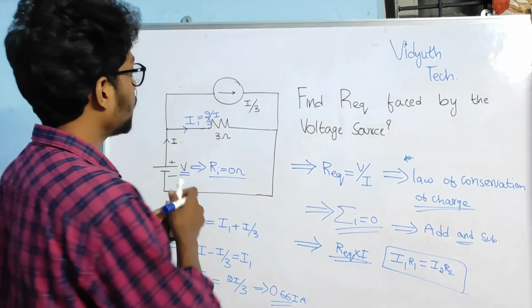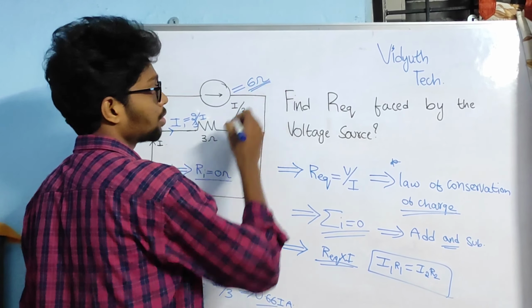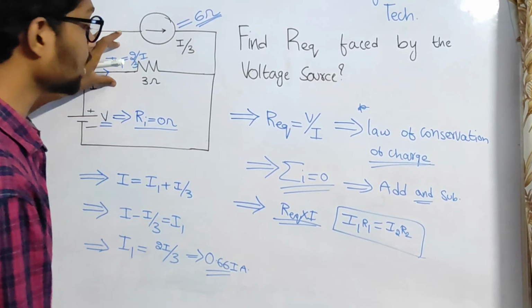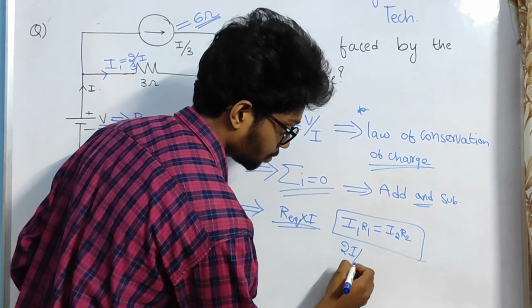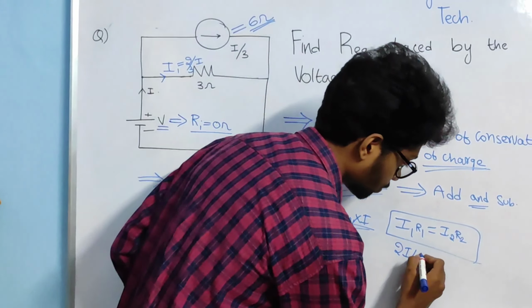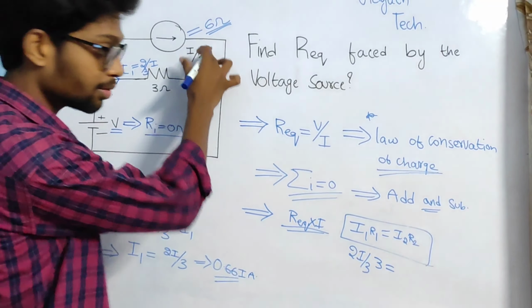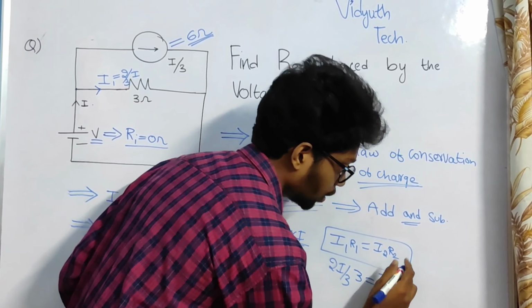Okay, I am taking this as a 6 ohm resistance. Let me take I1 as 2I by 3, R1 as 3 ohms, I2 as I by 3. We don't know R2.